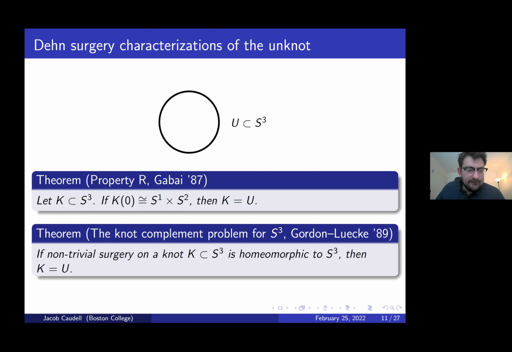And I say the regular fiber, for experts, because there's one Seifert fibering of the Poincaré homology sphere up to isotopy. So F is the regular fiber. And so theorem A, in a way, gives a Dehn surgery characterization of the regular fiber. And it leads to some other conjectures about characterizing regular fibers in Seifert fibered spaces, but I won't get into that in this talk.